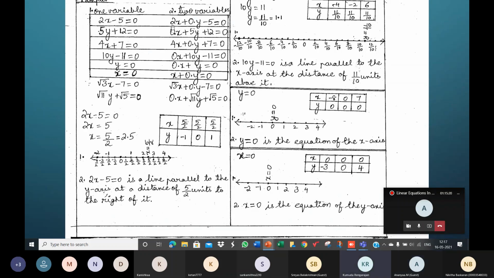Minus 1 is 0. So 2x minus 5 is equal to 0, x is equal to 5 by 2. So when y is 1, x is 5 by 2. Similarly, when y is 0, x is 5 by 2.